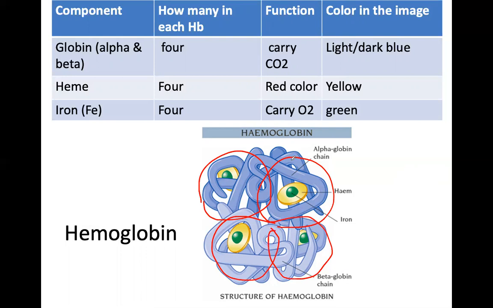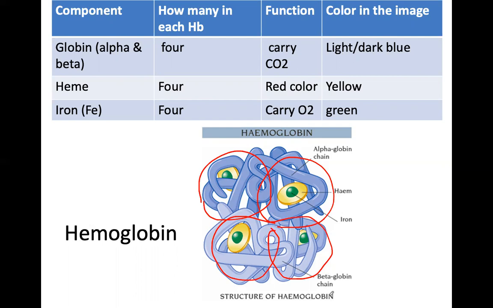And basically these red circles that I've shown you are identified as globin units. Now you have two that we identified as alpha globin and two that are identified as beta globin. What is the job of these globin? These are the protein components that are responsible for carrying carbon dioxide, which is our waste gas.